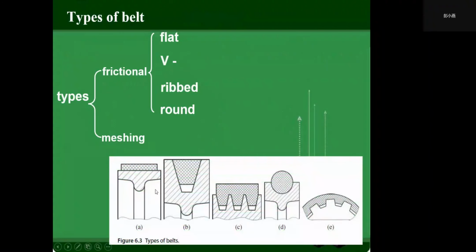This is the sketch figure of the cross section of various belts. A is flat belt, B is V belt, C is rippled belt, D is round belt, and E is for the mesh belt.